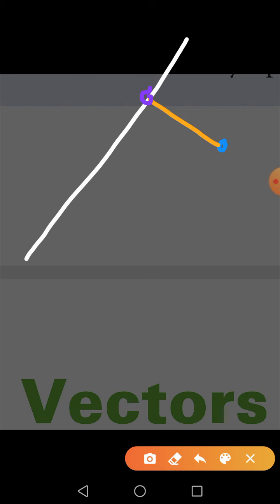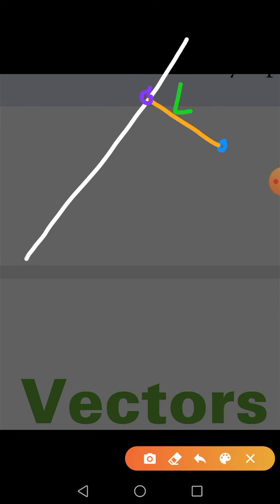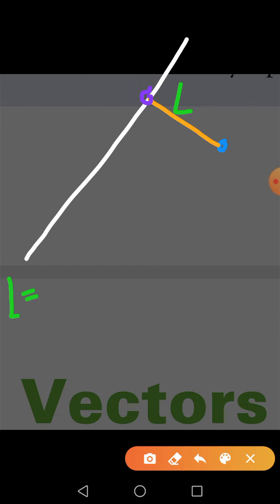The formula is, if the distance or the length of the line is capital L, so capital L would be, just remember it carefully, the vector from the external point to the given point on the line.